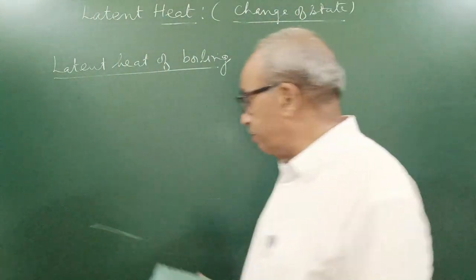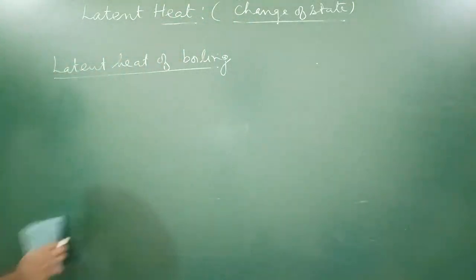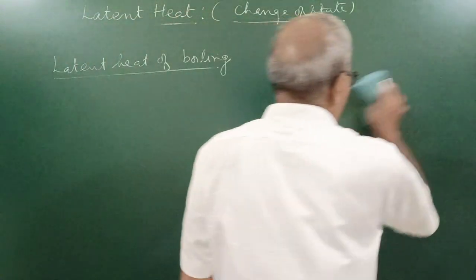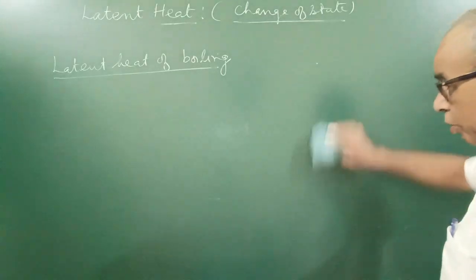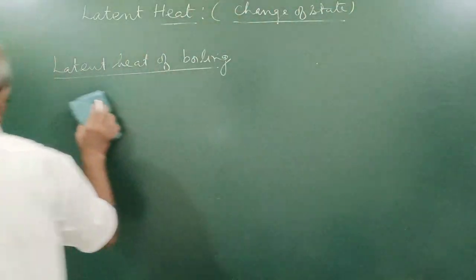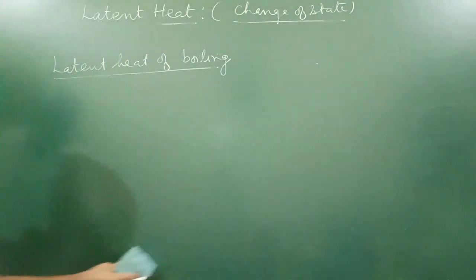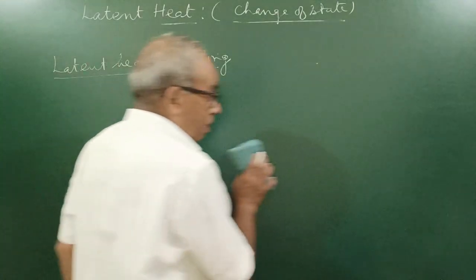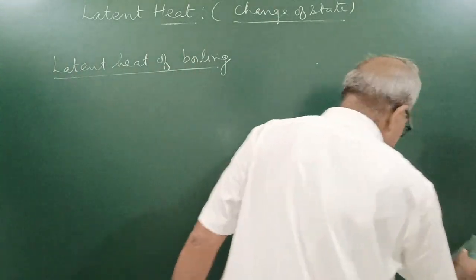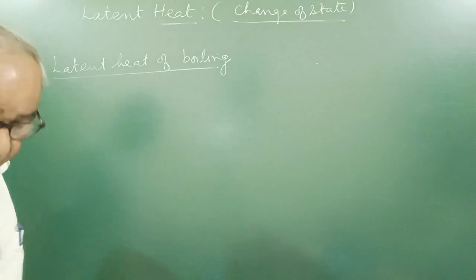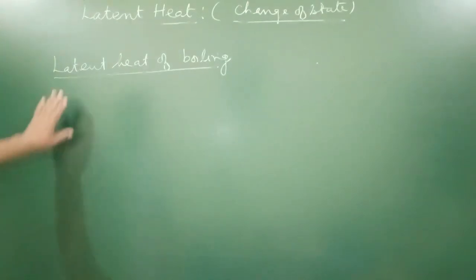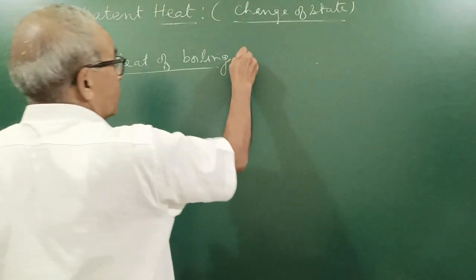Boiling takes place at a fixed temperature. Now if water gets spread over your floor, after some time the floor becomes dry because the water has evaporated. I will explain it later.